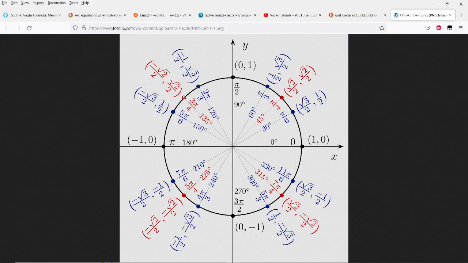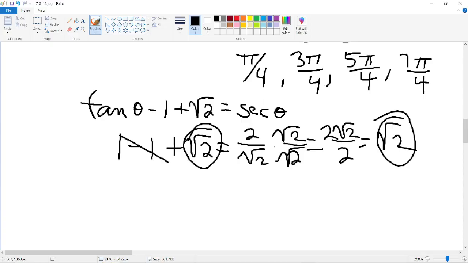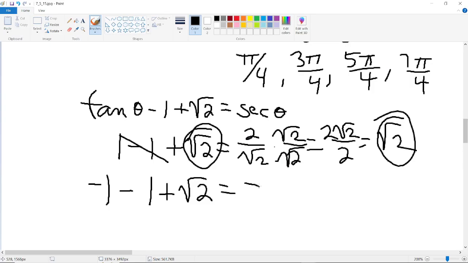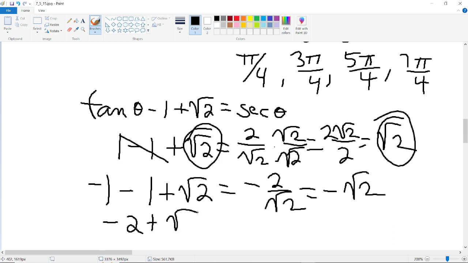Let's try 3 pi over 4. Tangent of 3 pi over 4 is going to be square root of 2 over 2 over negative square root of 2 over 2, which is negative 1. So negative 1 minus 1 plus square root of 2 equals, and then secant of 3 pi over 4 is negative 2 over square root of 2, which is negative square root of 2. So negative 1 minus 1 is minus 2 plus square root of 2 does not equal negative square root of 2.